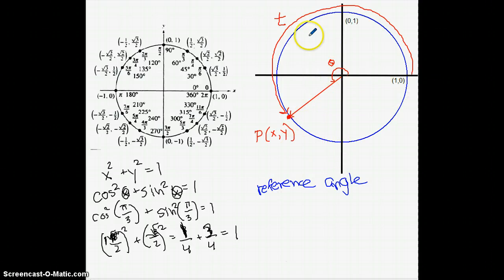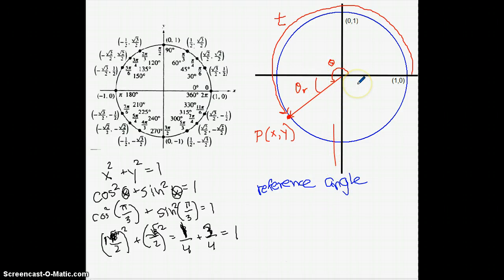I'm going to draw an acute angle between my terminal ray and the x-axis. In other words, my reference angle here is going to be this, and maybe I'll put theta sub r. Yeah, theta sub r. This is the reference angle for this.